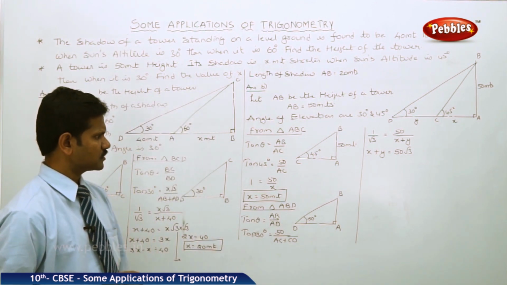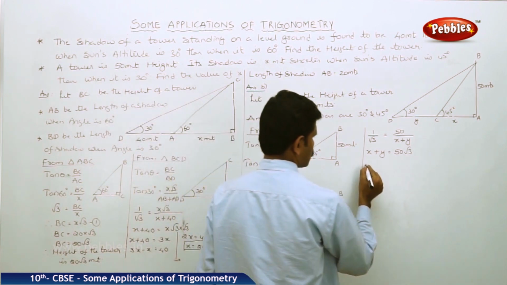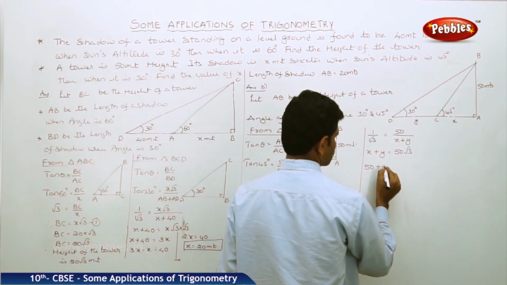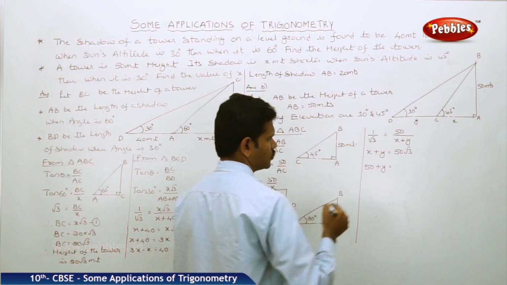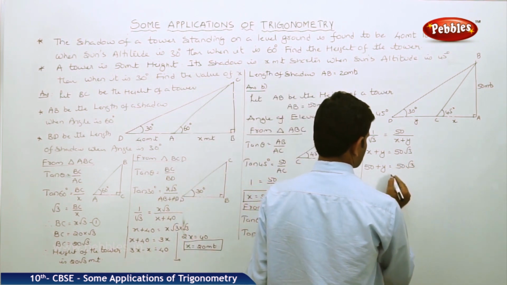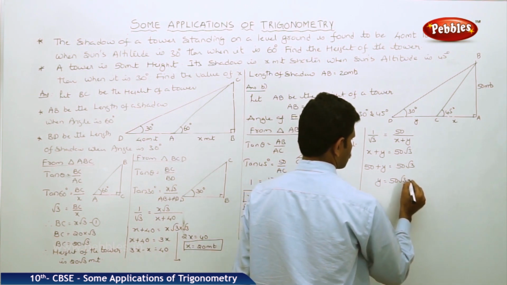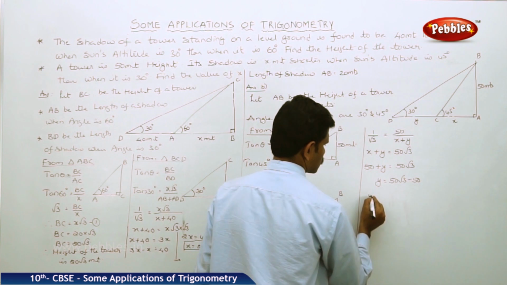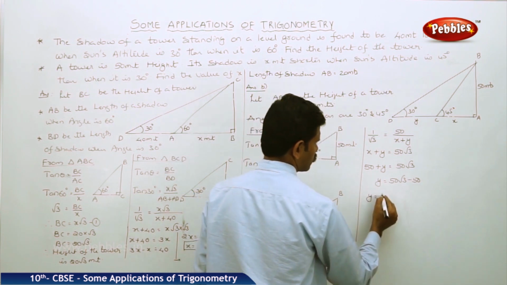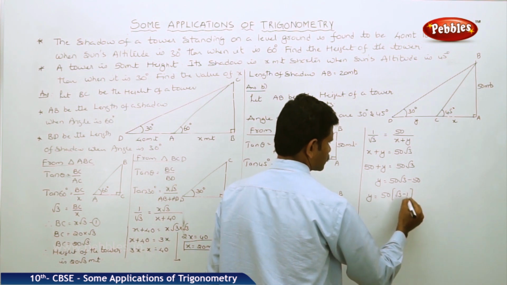But just we find out the value of the x. Now let us replace 50 plus y is equal to 50 root 3, y is equal to 50 root 3 minus 50, y is equal to, take 50 common, root 3 minus 1.